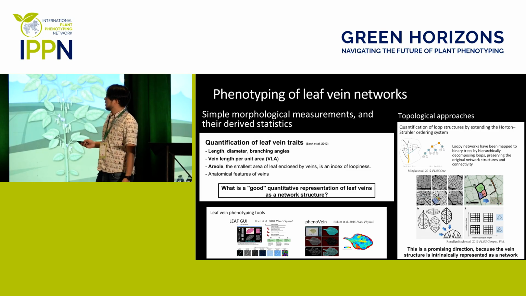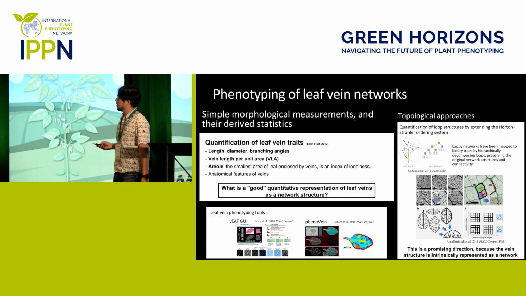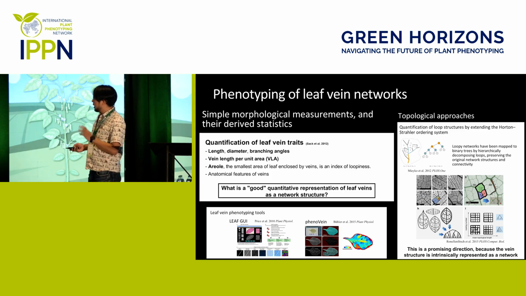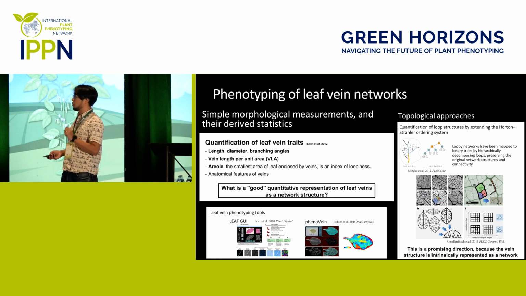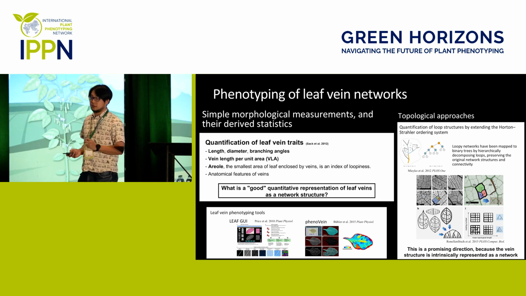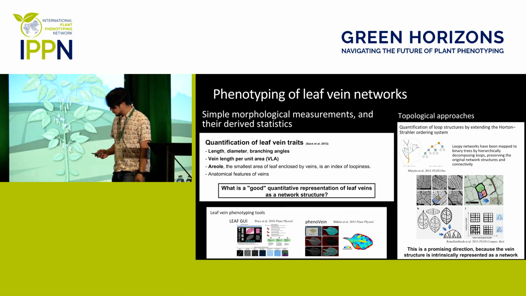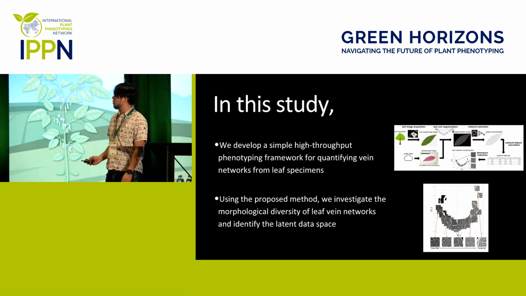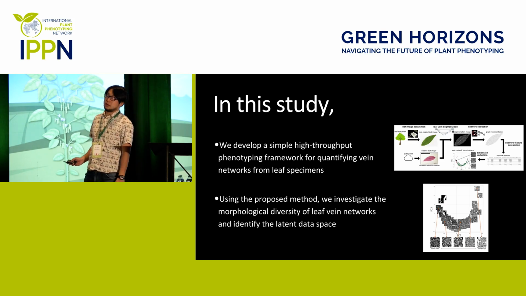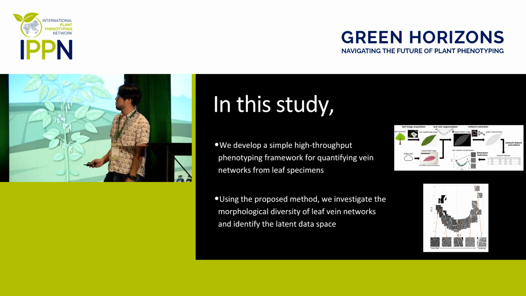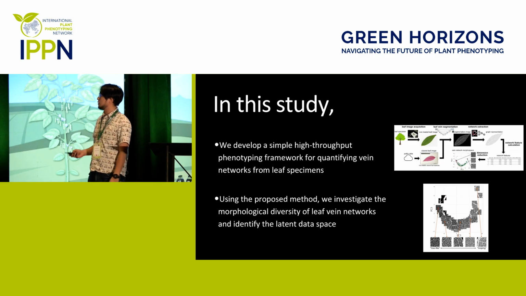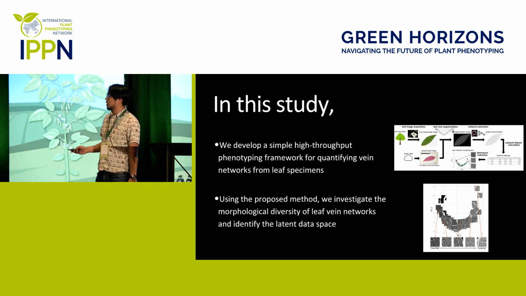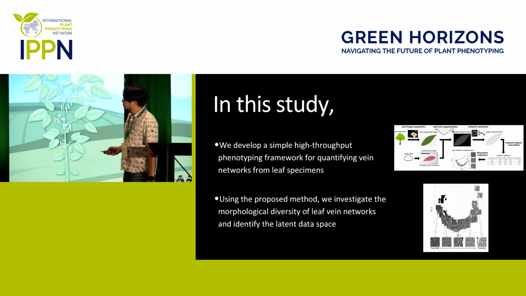Recently, topological approaches have been proposed. I think this is a promising direction because the vein structure is intrinsically represented as a network. So in this study, we first developed a simple high-throughput phenotyping framework for quantifying the vein network based on specimens.